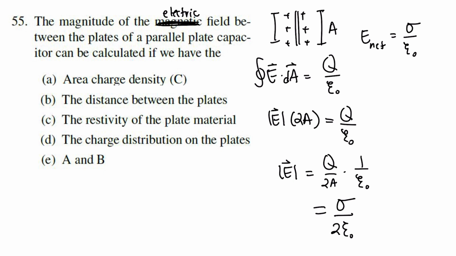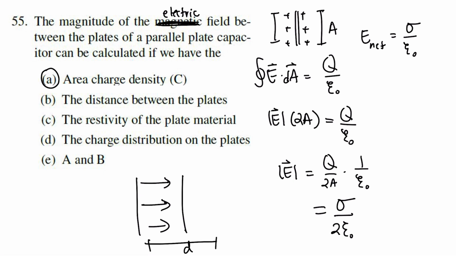It only depends on the surface area charge density, which is option A, and just something to keep in mind. If you're drawing electric field lines from a capacitor, make sure you draw them straight so that the intensity of the electric field is the same no matter how far away from the capacitor or from one plate you actually go.